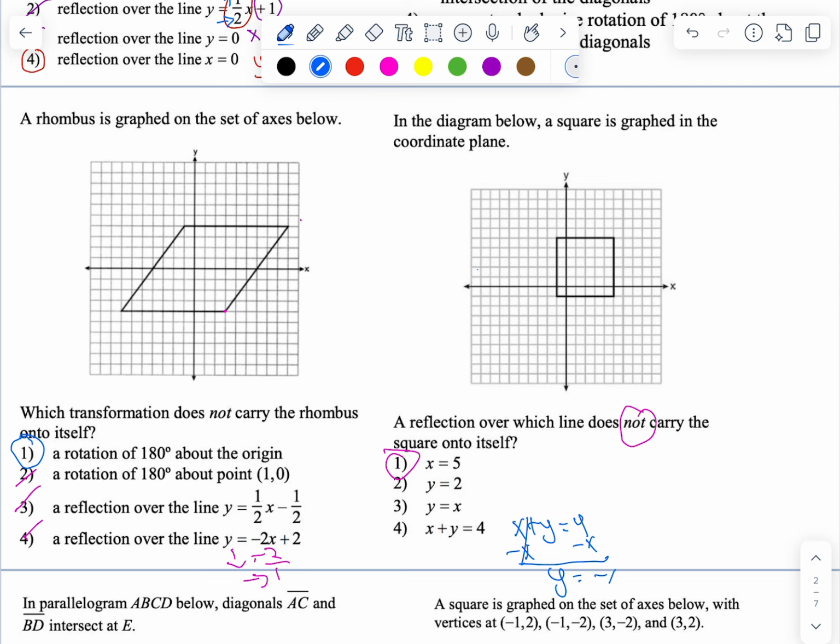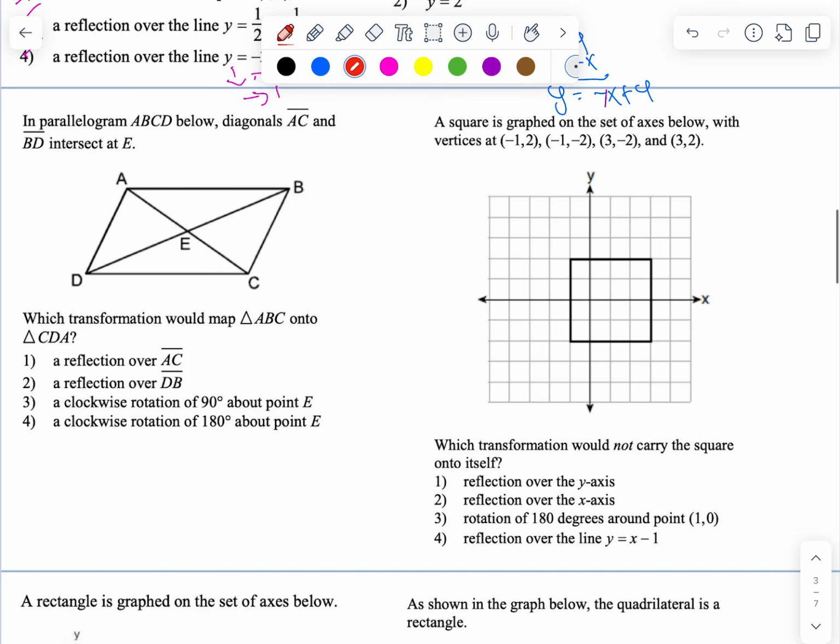So y equals negative x plus 4. So that has a y-intercept of 4 and a slope of negative 1. So y-intercept of 4, 1, 2, 3, 4. Slope of negative 1, down 1, right 1. Down 1, right 1. And that also is a line of symmetry.